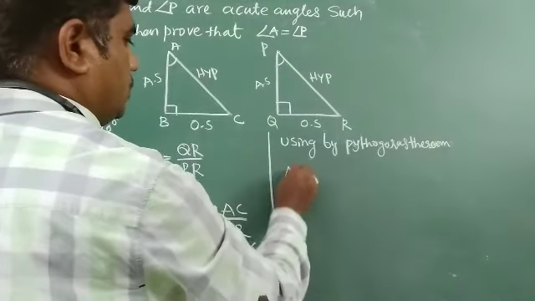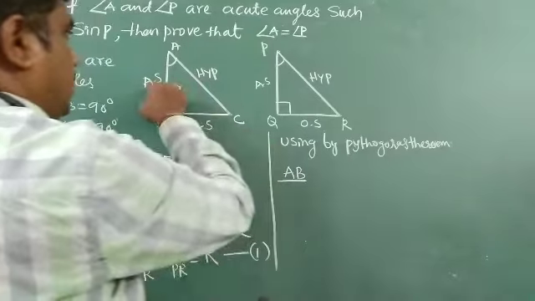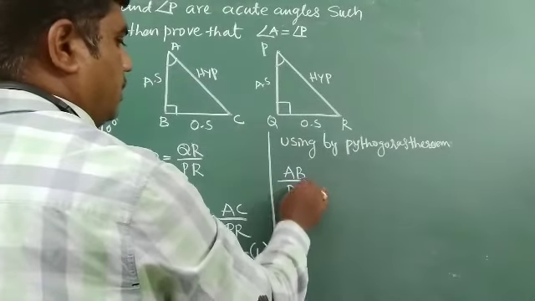I am taking AB in this triangle and PQ in this one.